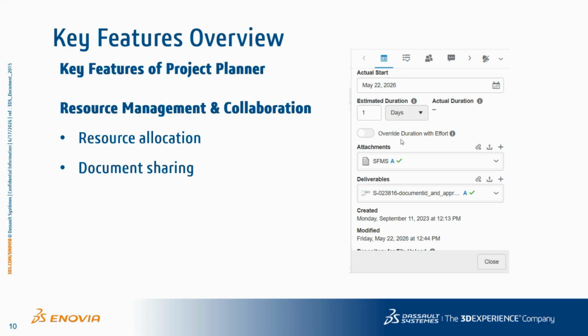In addition, you can also attach your 3D models. The end user or the person who executes the work on that particular task has the capability to add that particular 3D model as a deliverable too.